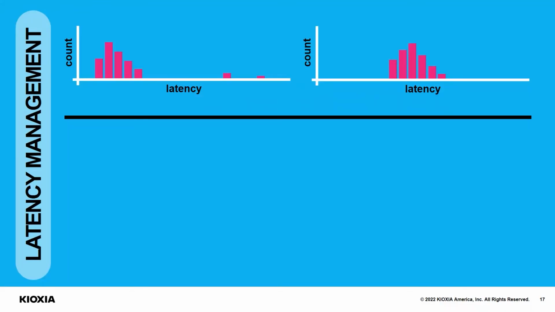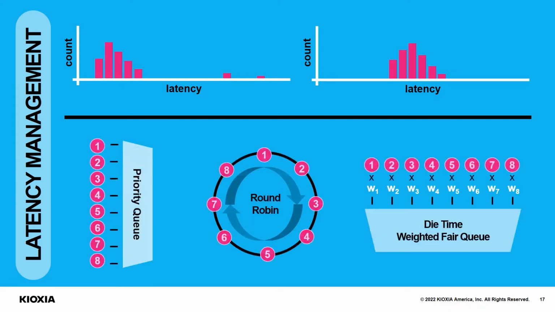The problem is with existing flash today, you really don't get to choose between the two, but software-enabled flash does provide a method for enabling this level of fine-grained latency control. And it does this through advanced queuing methods implemented in the software-enabled flash hardware. Now we have priority queuing, round robin fair queuing.